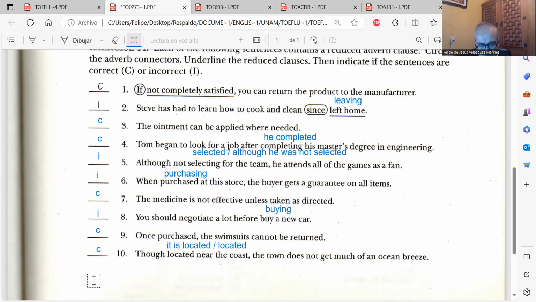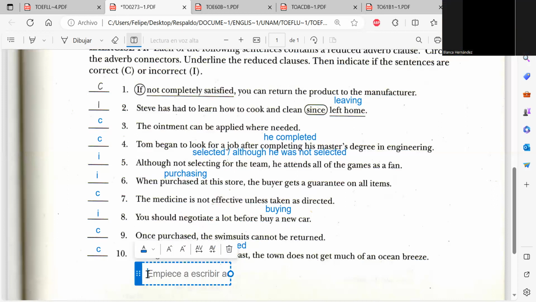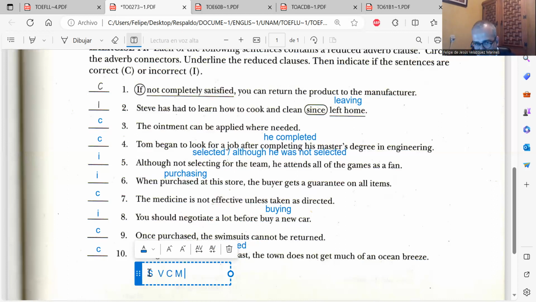But why is it correct if you are the subject? Because remember, you can expand or you can reduce. What is expansion? The expansion is using the structure subject, verb, complement, marker or linker, connector of sentences, subject, verb, complement.